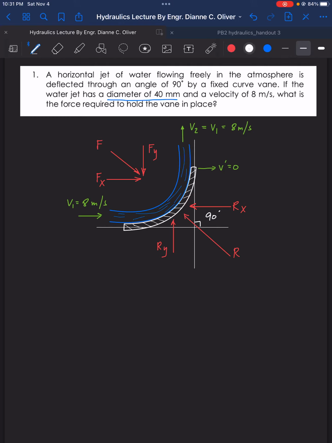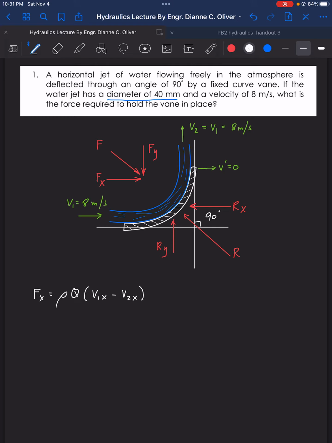So what's our formula for Fx? We will be using case number 1. So Fx is equal to rho Q, and we have two formulas there, so we can use either one of them, rho Q (V1x minus V2x).